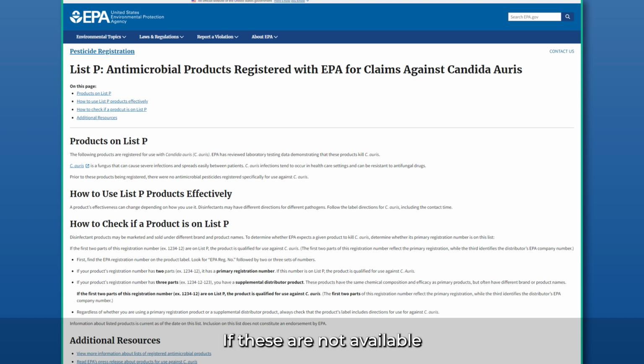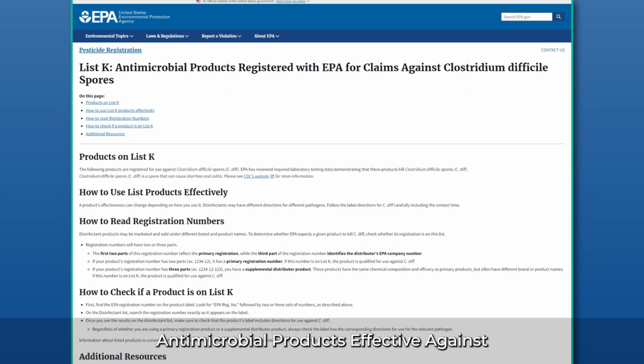If these are not available at your facility, disinfectants in EPA's List K of registered antimicrobial products effective against Clostridioides difficile spores can be used in the interim. However, it's important to note that quaternary ammonium products, known as quats, do not kill Candida auris.